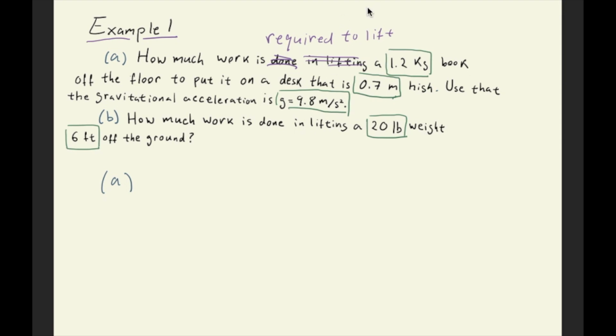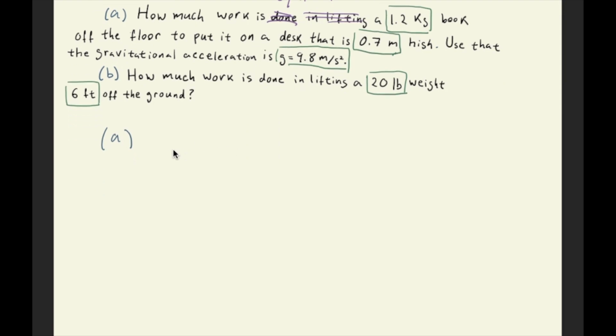So you're trying to pull this book up. Let me draw a schematic picture here. You have a desk, something like that, right? And then you have your book here, and you want to take the book and put it on the desk. Let me create a coordinate system.